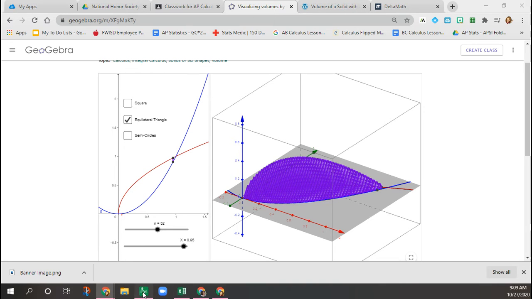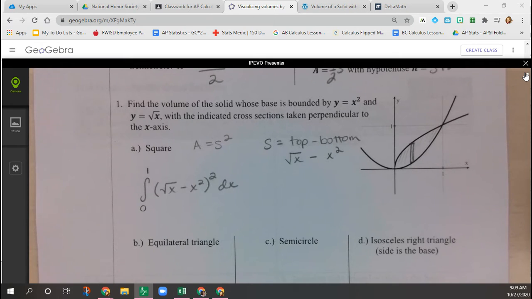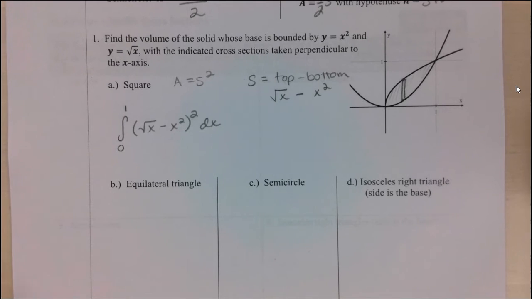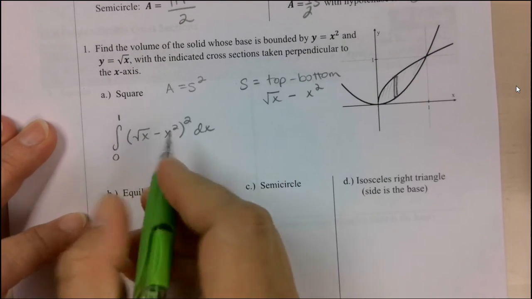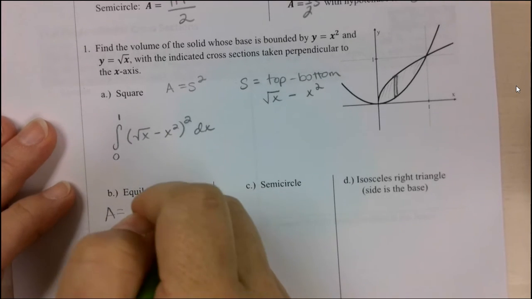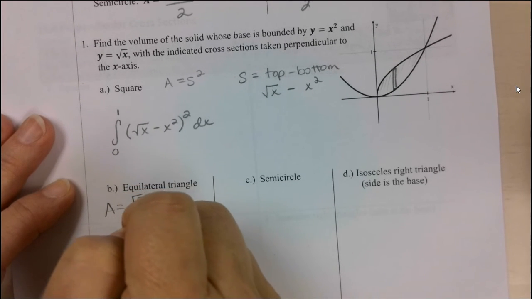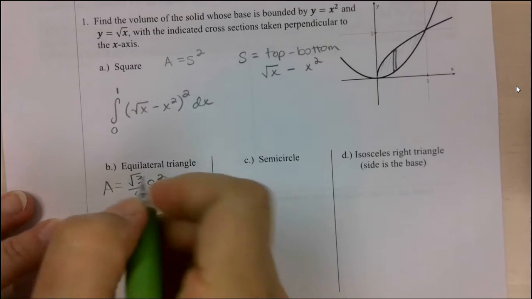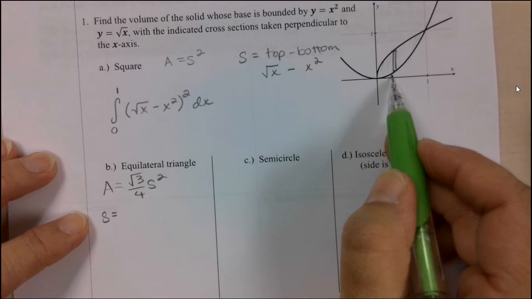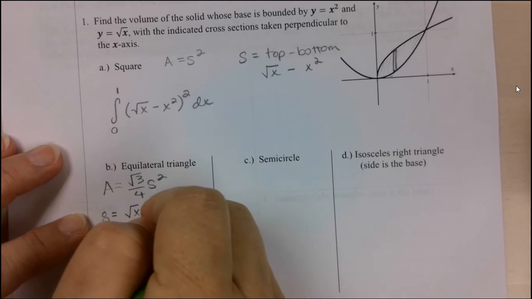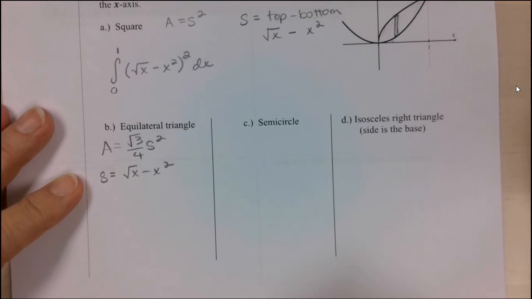So with our equilateral triangles, the rectangle that's in the region is a side of the triangle. Let me write our formula down here, square root of 3 over 4 times side squared. So that side, again, is top minus bottom, square root of x minus x squared.